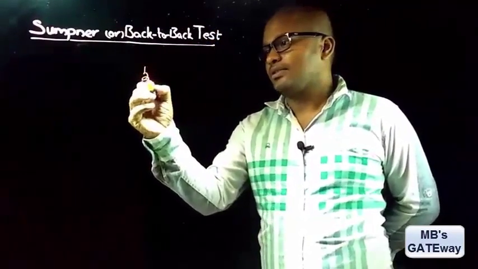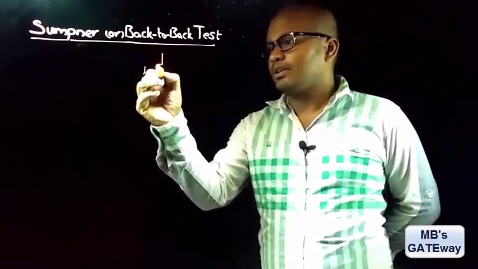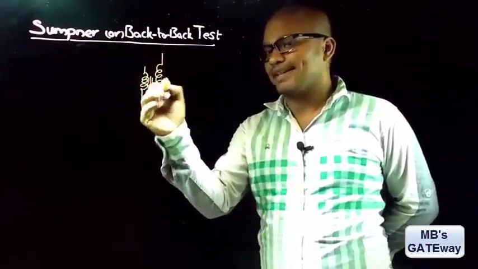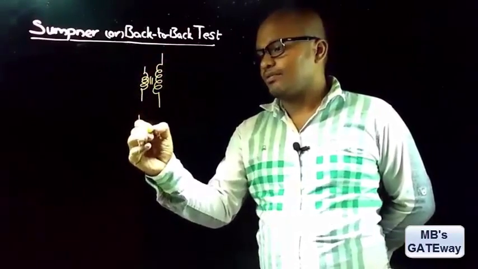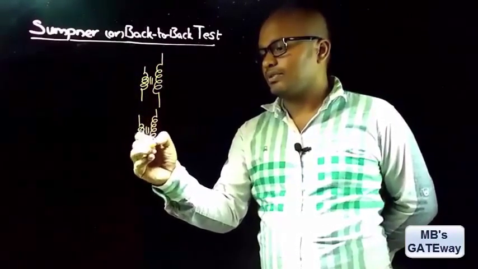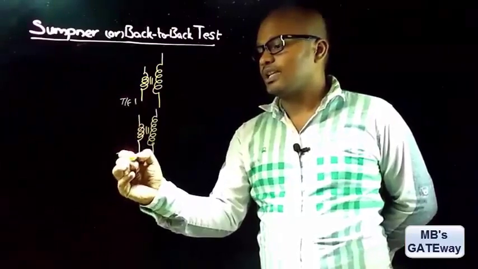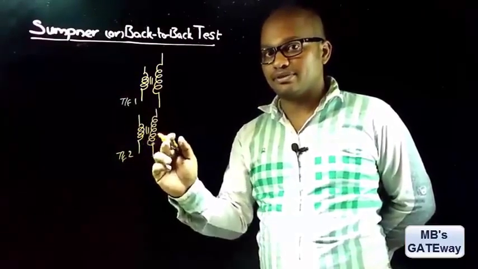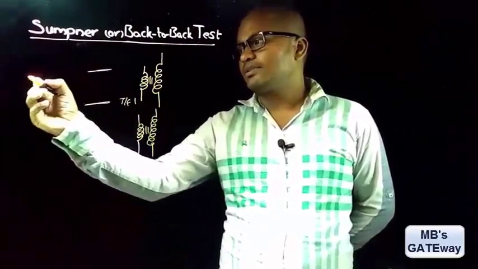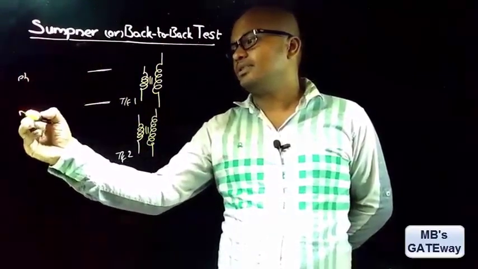We know that this is the transformer 1 primary and this is the transformer 1 secondary, and this is the transformer 2 primary and transformer 2 secondary, and these two transformers are similar and they receive power from the same supply. Let us suppose this is phase and neutral.